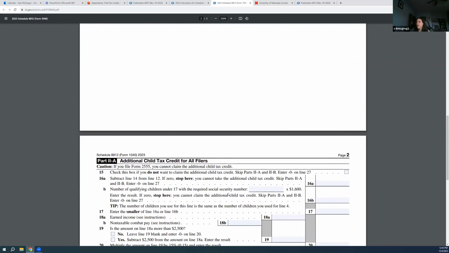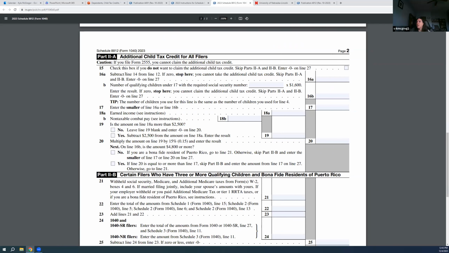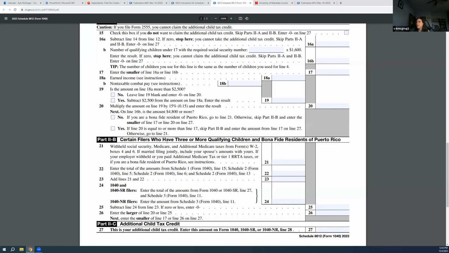On the second page is the additional child tax credit. So if they have some income, and they haven't taken the entire child tax credit, it'll go through and calculate the additional child tax credit amount.